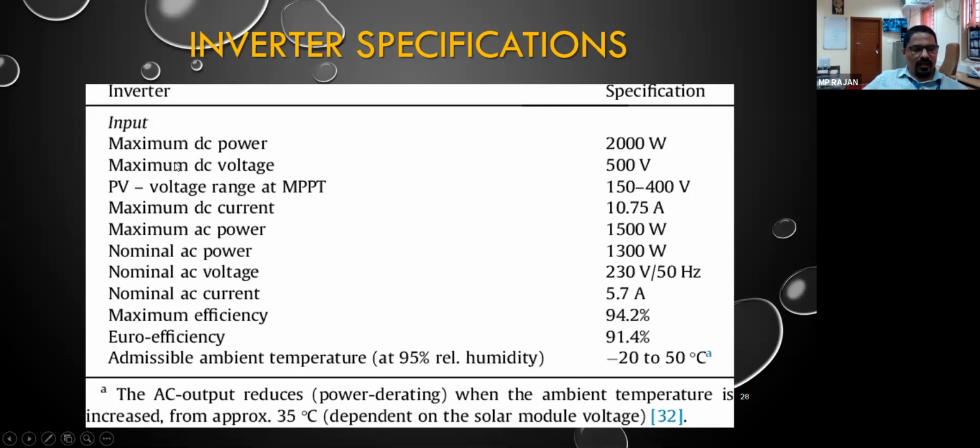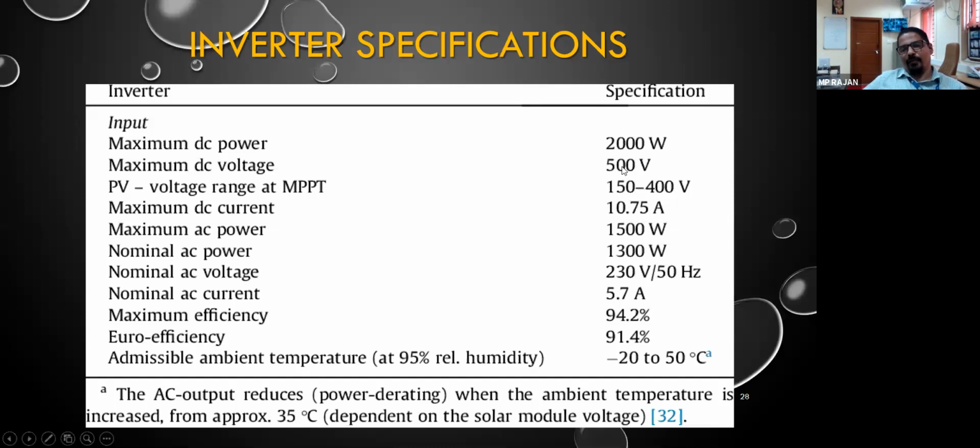Here you can see the maximum DC power input is 2000 watt. Input means this inverter is suitable for 2000 watts. It can be connected to a solar panel which is producing 2000 watts. Maximum DC voltage is 500 volt. This may not be the nominal operating voltage, but the inverter should be suitable for receiving the highest possible value. Suppose in open circuit, when the load is not connected, the voltage will go high.